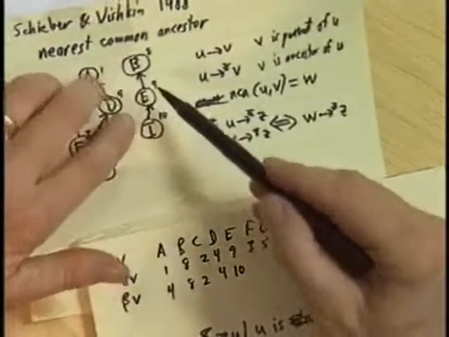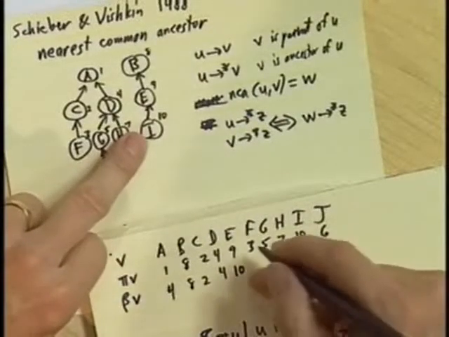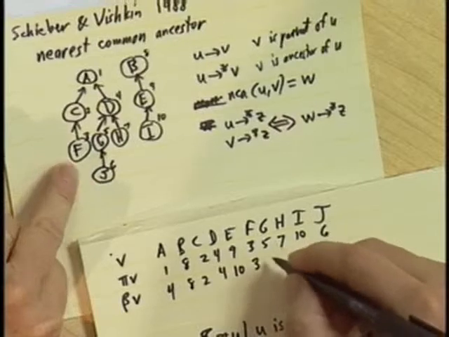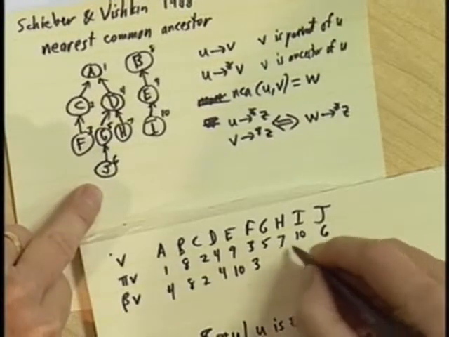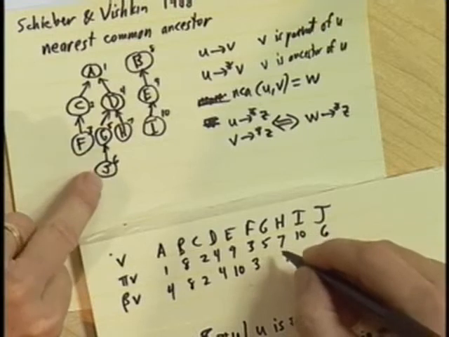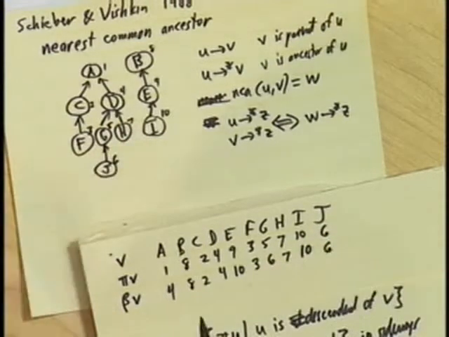I just choose among all the descendants the one that's divisible by the most 2's. All the leaves are going to go into themselves because they have no descendants except themselves. G has 5 and 6, it's going to be 6, and I is going to be 10. So anyway, that's what beta of v is.